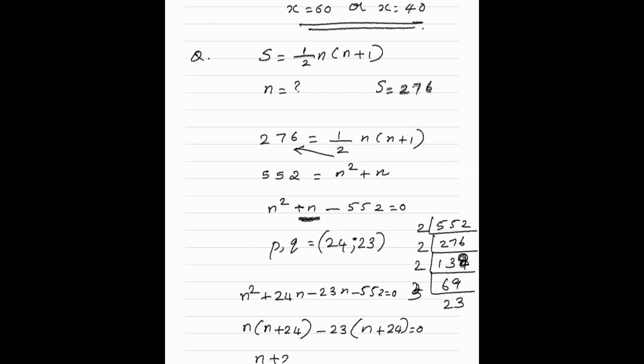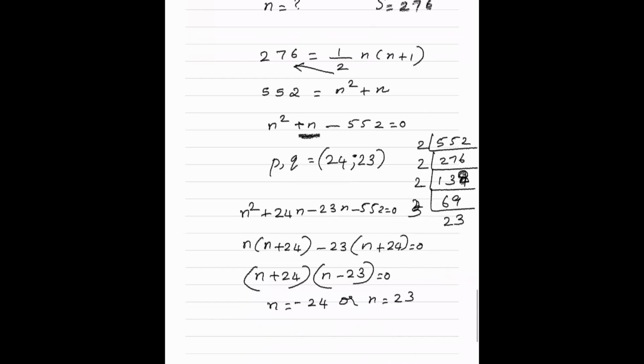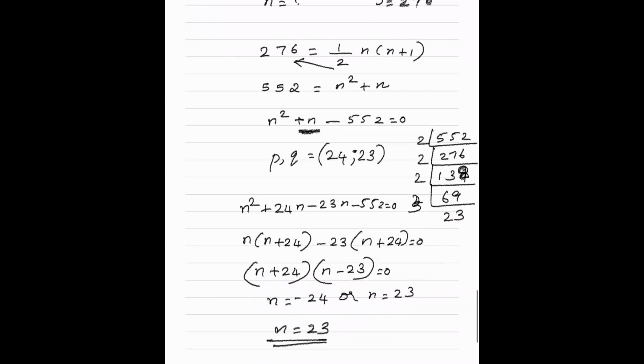So n plus 24 and n minus 23 equal to 0. So n equals minus 24 or n equals 23. So your final n is going to be 23, as n cannot be negative. N equal to negative 24 you cannot consider, because it is a negative number.